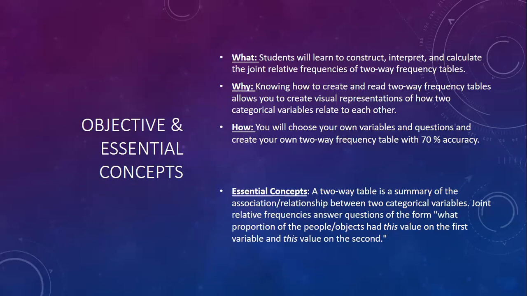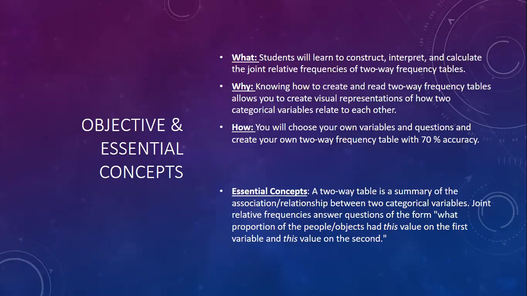When we're talking about categorical variables, we're talking about how many times an observation falls into a specific category. That could be male or female, yes or no, an age group, whatever categories there are, right? We count how many of our observations are in those categories. So we're going to be learning a way to visually represent that.